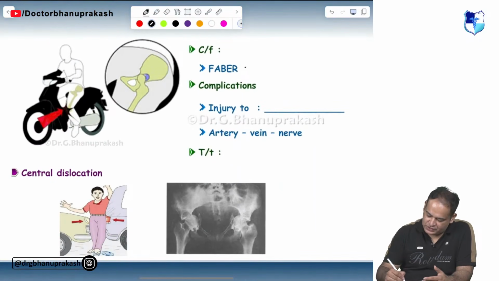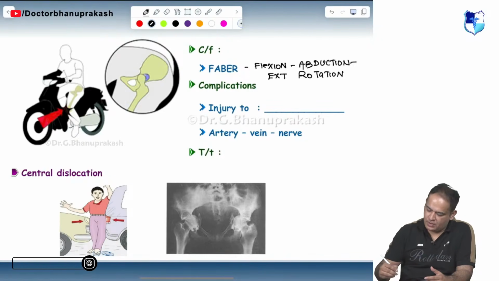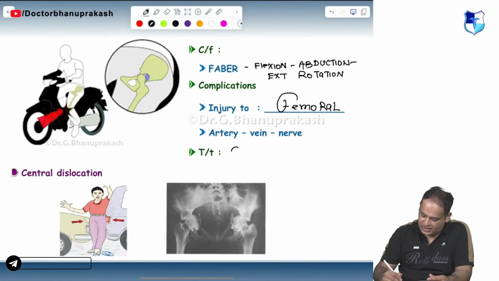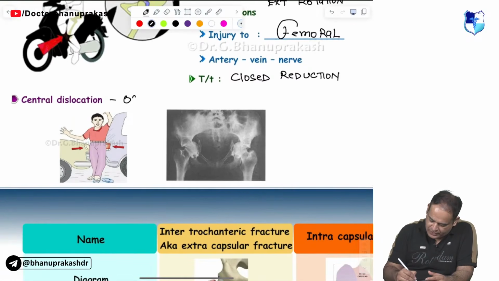So clinical feature FABER: flexion, abduction, external rotation, and injury to femoral artery, vein and nerve. Treatment, closed reduction.